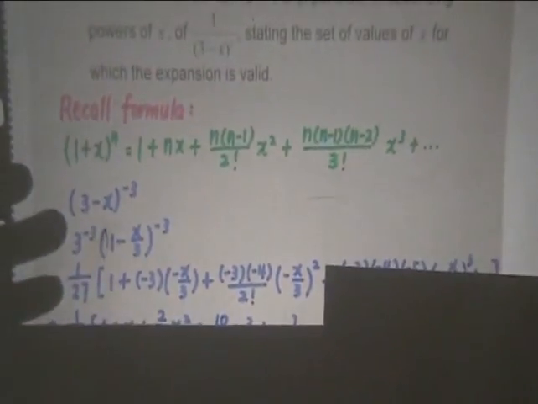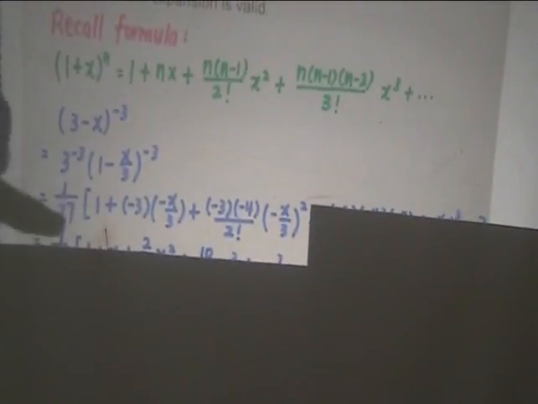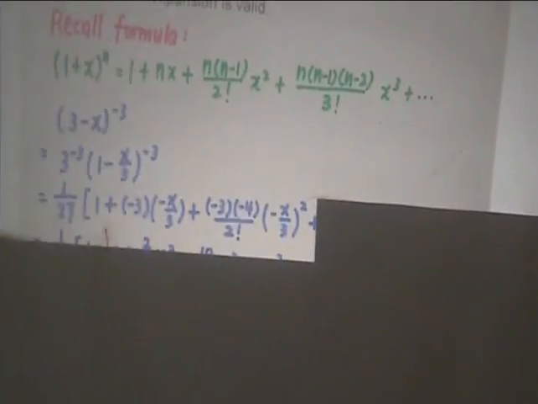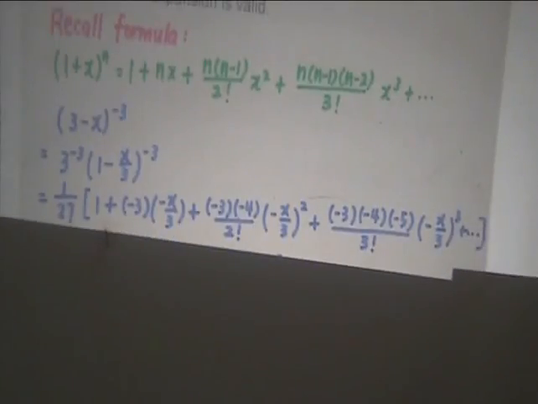We want the first 4 terms in the expansion. So we have got 3 terms already, so 1 more term to go. The next term will be n times n minus 1 times n minus 2. So it will be minus 3 times minus 4 times minus 5 over 3 factorial, times minus x over 3 cubed, and so on.